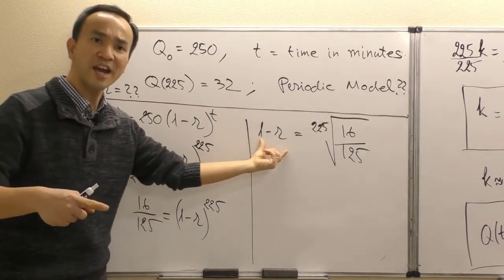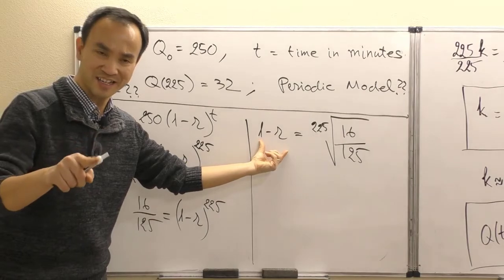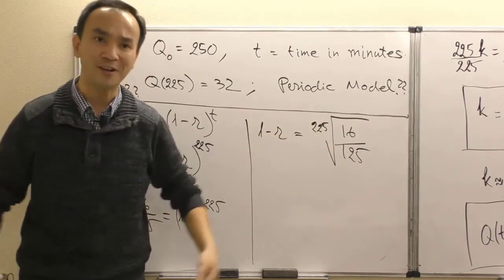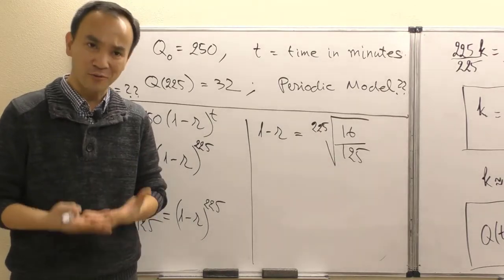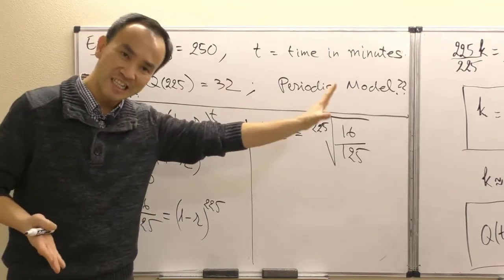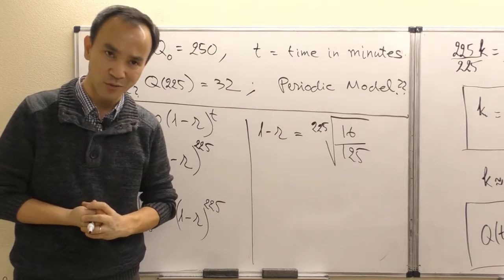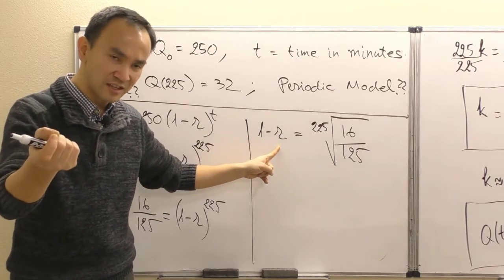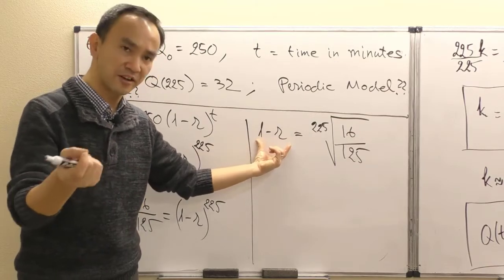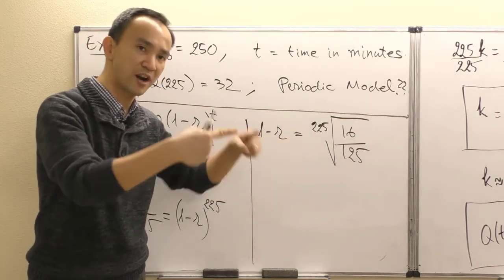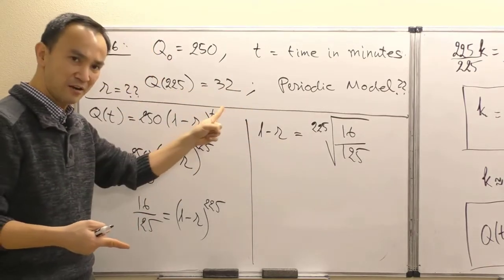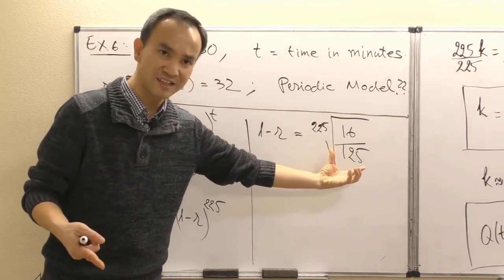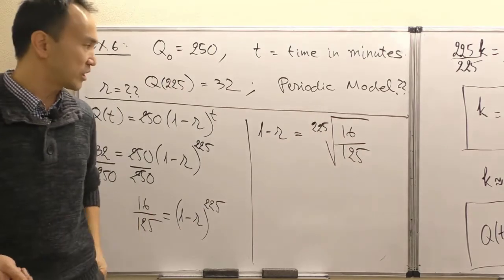We're right at that step where we find an answer for 1 minus r. We look for the rate if we have to, like in the other case where we have to find a continuous rate. But here, the periodic rate contributes as part of the base for our exponential function. So why go further? We can stick directly in here and take the 225th root.